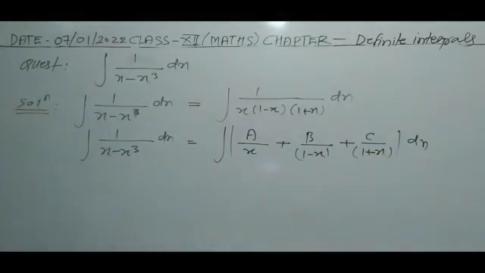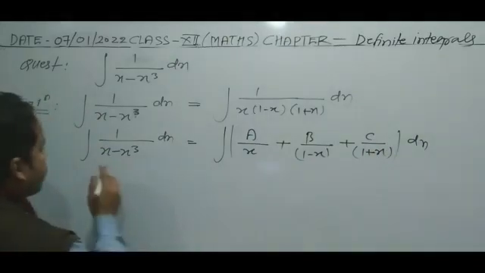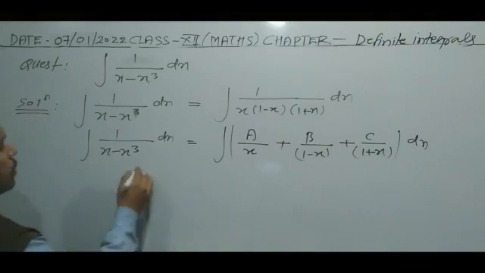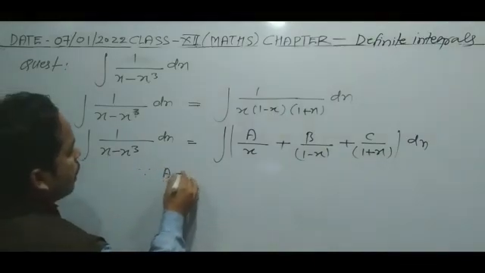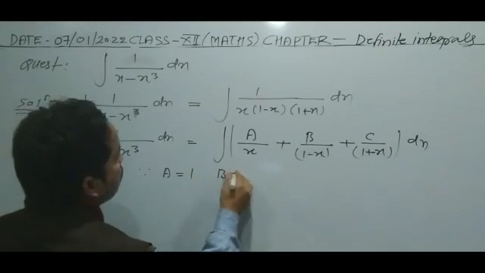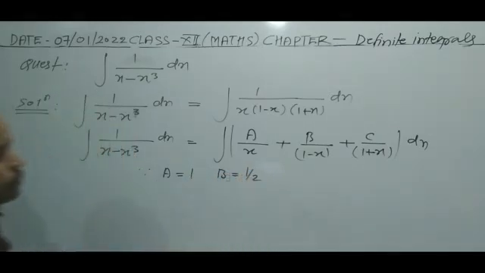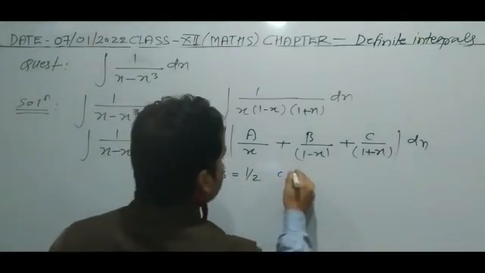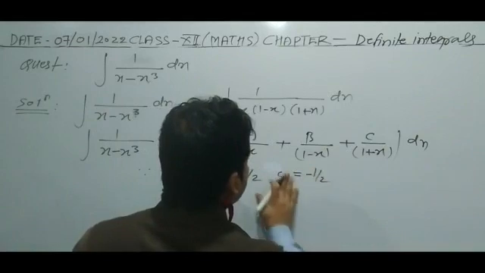Now after finding the values of a, b and c, you will get a is equal to 1, b is equal to 1 by 2, and c is equal to minus 1 by 2.